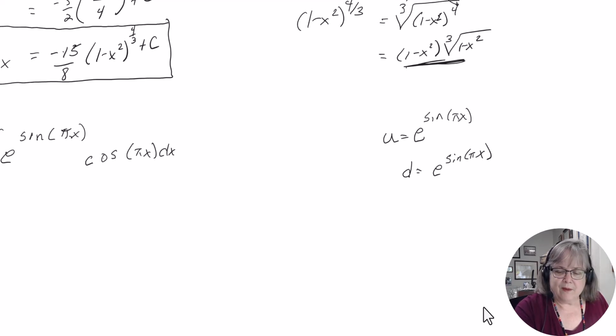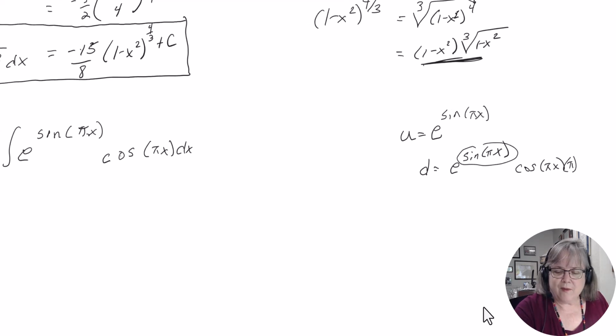Loop back in and take the derivative of this. So it'd be cosine pi x times pi. And that would require you to have you've got cosine of pi x, but you would have to have this again, and this would have to be separate.